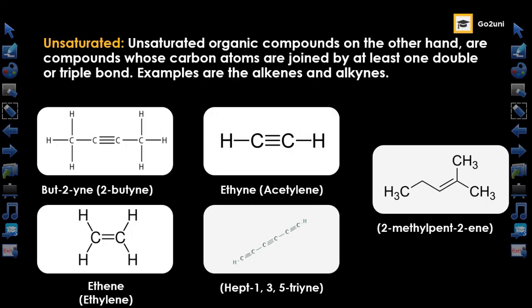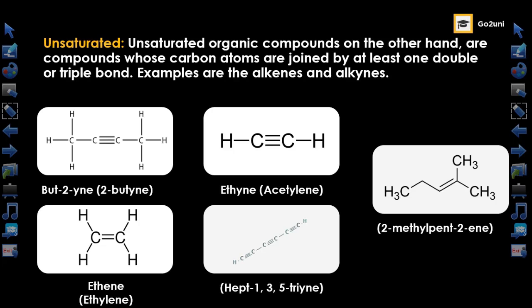Sometimes they may even have a combination of both bonds in the carbon structure. So, good examples of unsaturated compounds are, as we can see, butyne, also called 2-butyne. We have ethyne or acetylene.